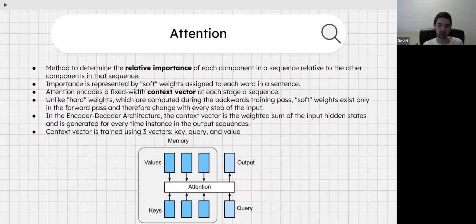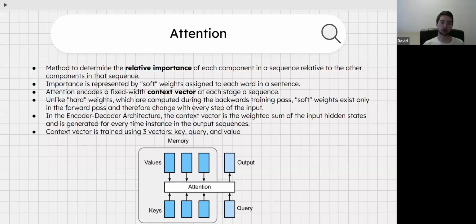We can represent this importance using soft weights assigned to each word in the sentence, and we can encode a fixed width context vector at each stage.